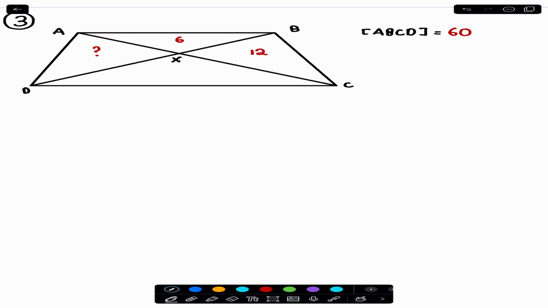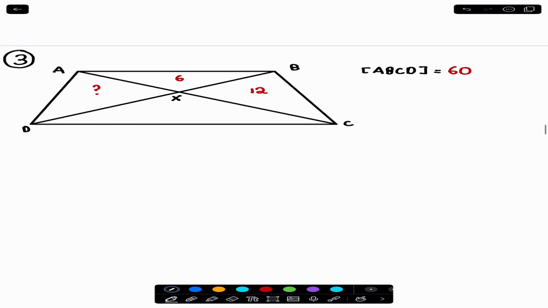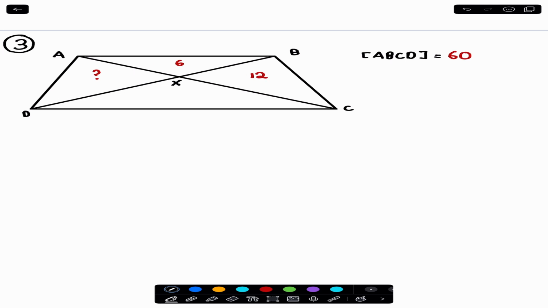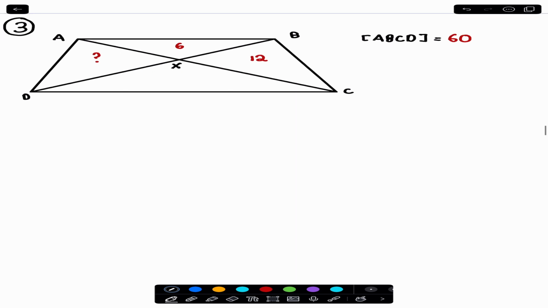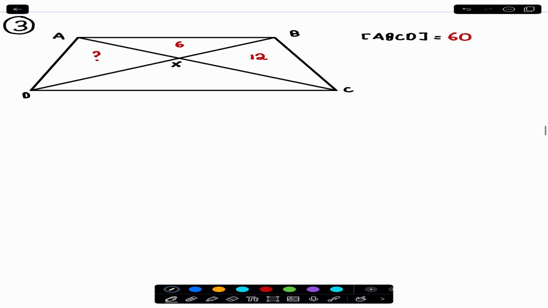Okay, here's question 3. Now question 3 actually has 2 solutions that I'm going to present. Because it's always nice to see multiple solutions, and you're not necessarily wrong if you solved it in a certain way. I guess it just shows what type of problem solver you are. Keep in mind, one is not better than the other.